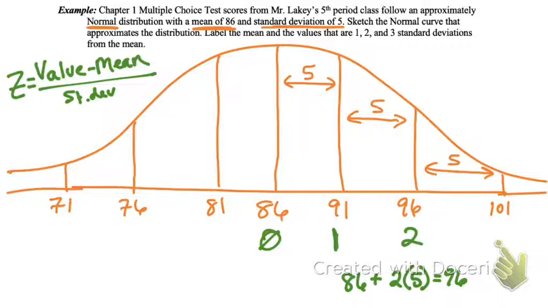What is the z-score for someone who gets 101? 3. What is the z-score for someone who gets an 81? -1. Why is it negative? This is lower. It's below average. What is the z-score for someone who got a 76? -2. 71? -3. Do you guys have any questions? Not yet. Does that help clarify z-scores a little bit? Okay. Perfect. All right.